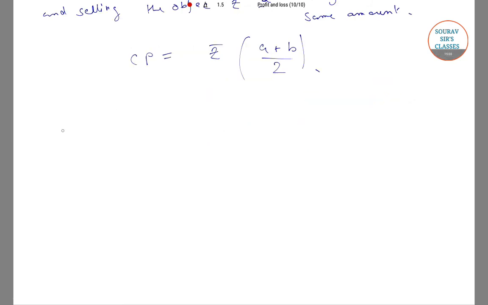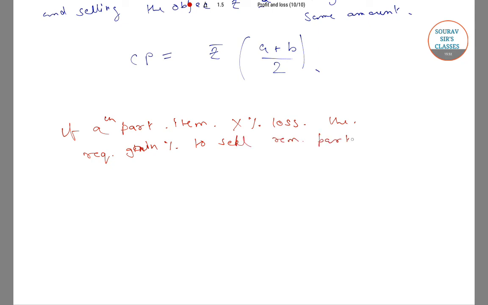Next formula says that if the eighth part of an item is sold at X% loss, then the required gain percent to sell the remaining part so that there is neither loss nor gain is given by AX divided by (1 minus A)%.